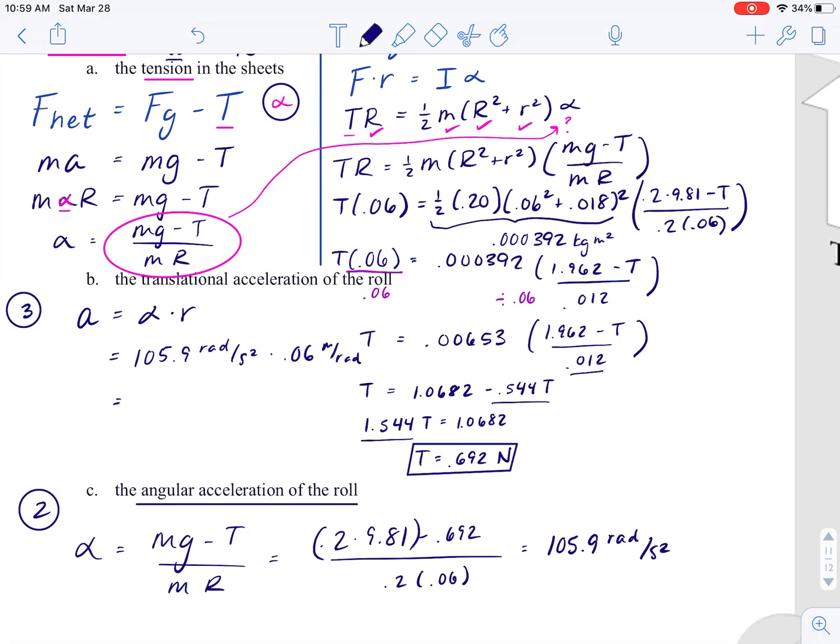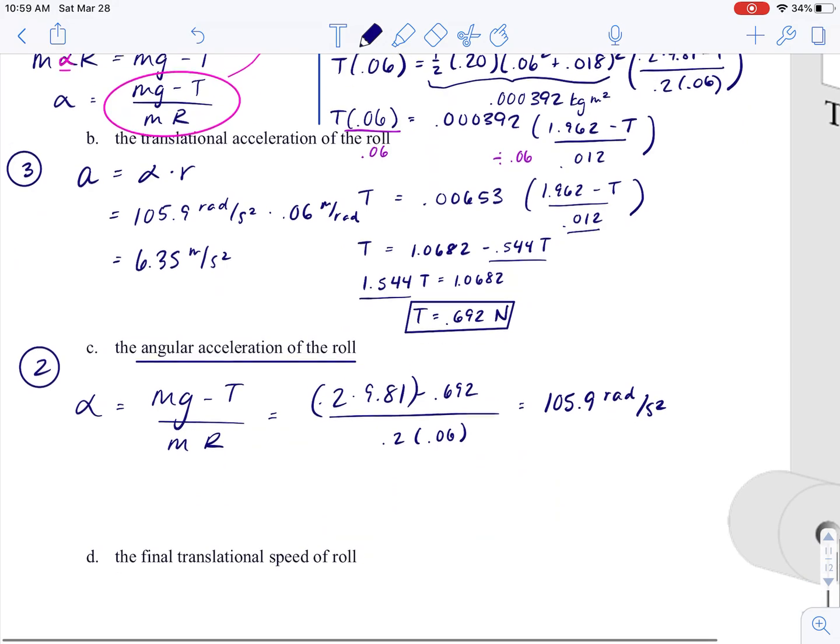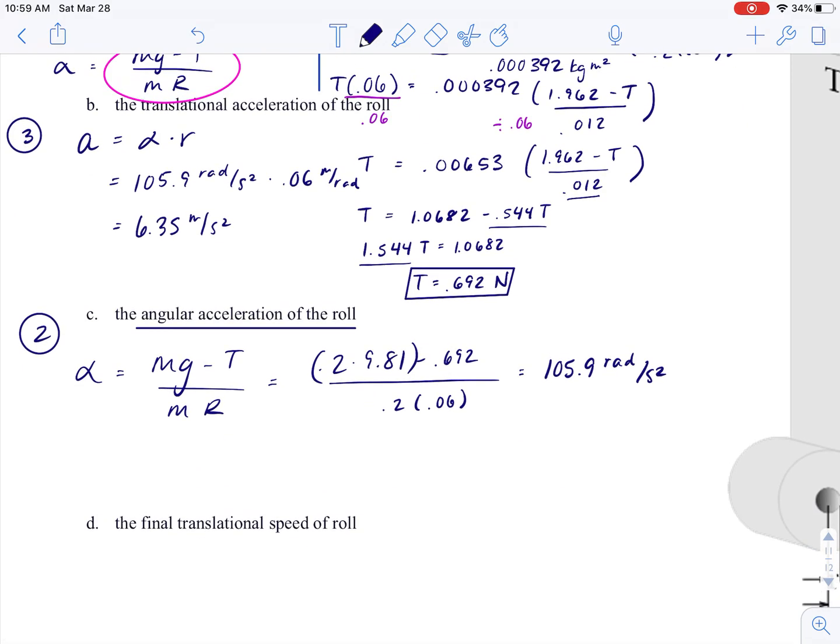Remember that a radius is the meters per radian. And when I multiply that out, I get 6.35 meters per second squared. So this toilet paper roll, as it unfurls, is falling and accelerating, but it's accelerating more slowly than the acceleration of gravity.